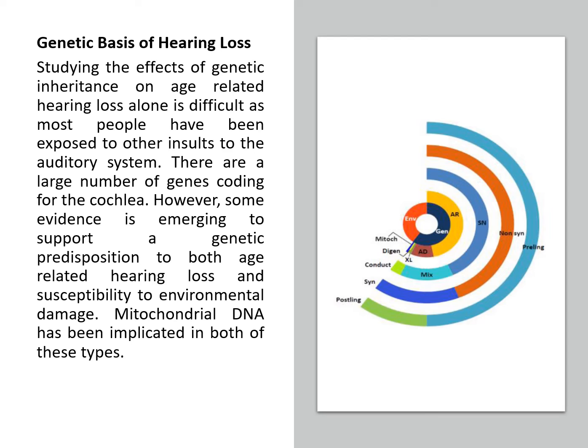There are a large number of genes coding for the cochlea. However, some evidence is emerging to support a genetic predisposition to both age-related hearing loss and susceptibility to environmental damage. Mitochondrial DNA has been implicated in both of these types.